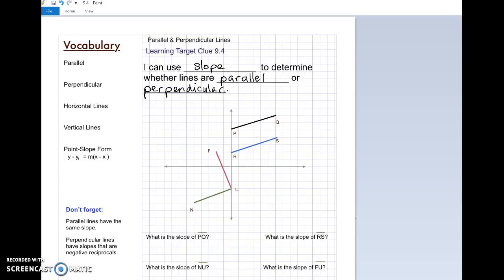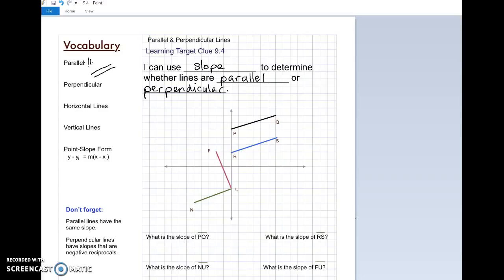They always remain an equal distance from each other, like railroad tracks. And we have a symbol for parallel lines when we want to say that one line or line segment is parallel to another: it's two little parallel lines standing straight up. So that's one thing we need to remember.